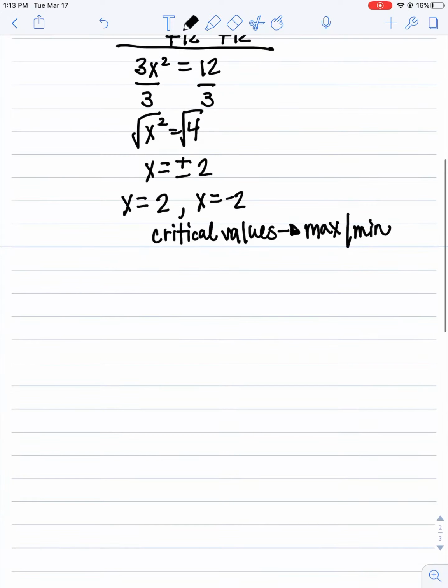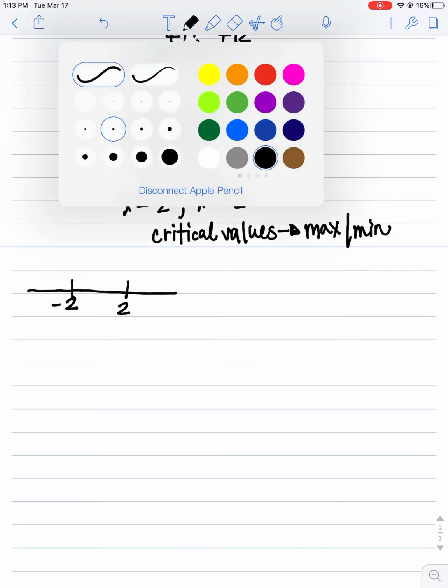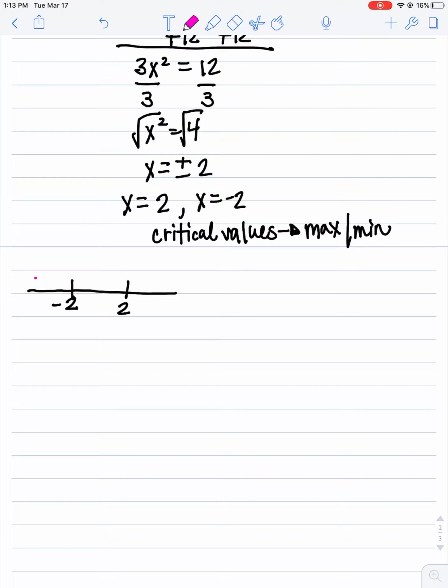And so we're going to use the first derivative test to figure it out. If I draw a number line, we all know that negative 2 comes before positive 2. So we need to test interval 1, interval 2, and interval 3.